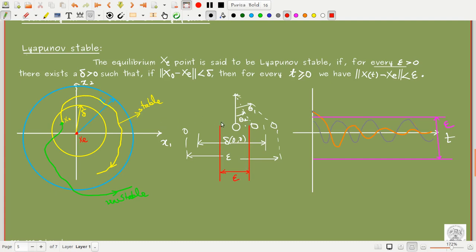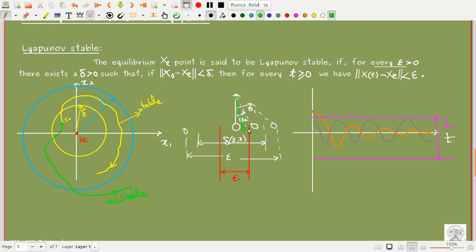Then what does this condition say? This condition says that I have to give you a delta greater than 0, where my initial condition starts. So I will choose a very small initial condition, some theta 3, inside the delta ball.